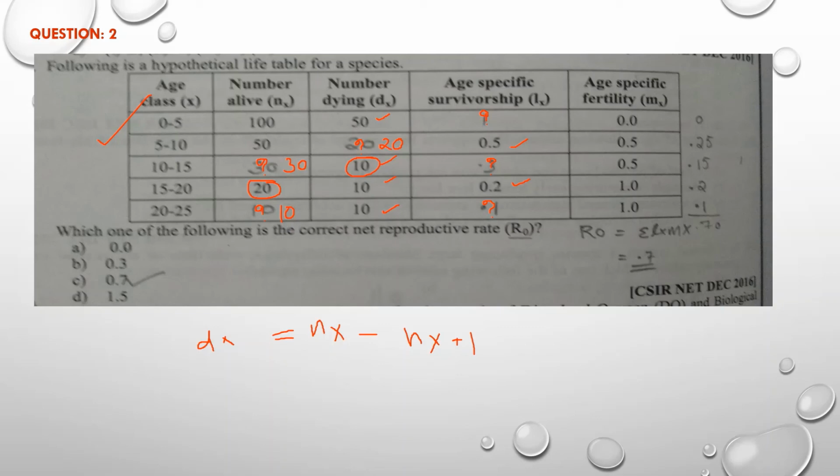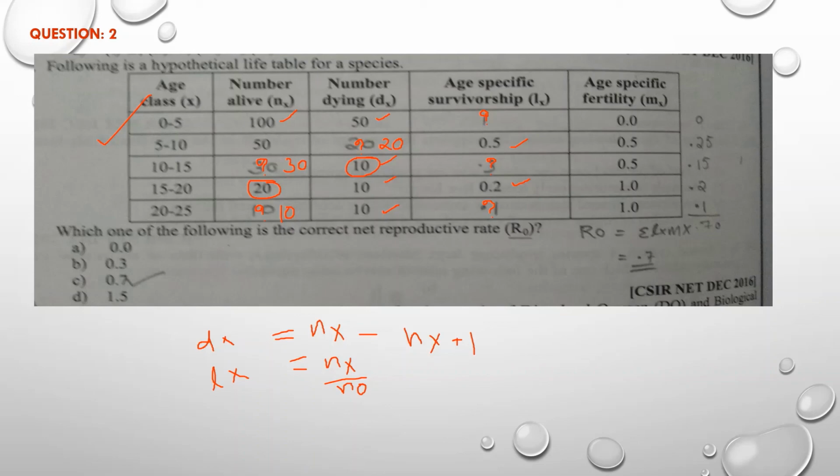Next is Lx. What is the equation for calculating Lx? Lx is equal to Nx divided by N0. Here age class 0 to 5. Nx is 100. N0 means number of individuals at the beginning of life, that is 100.